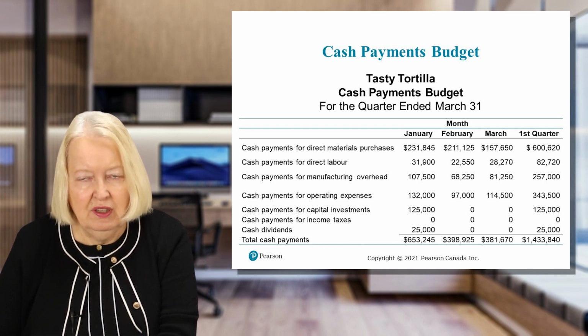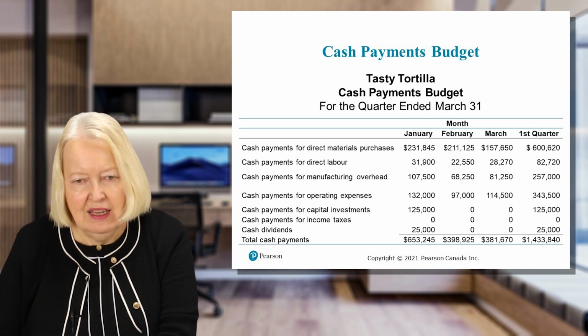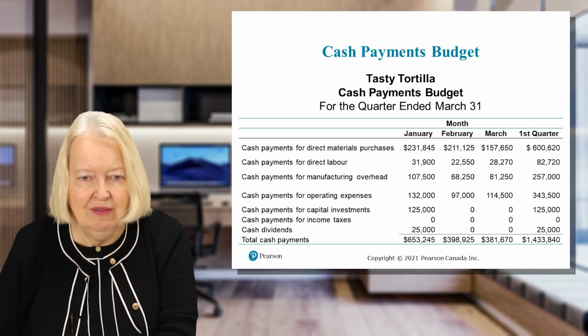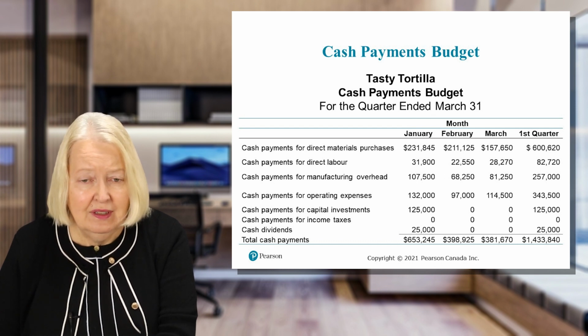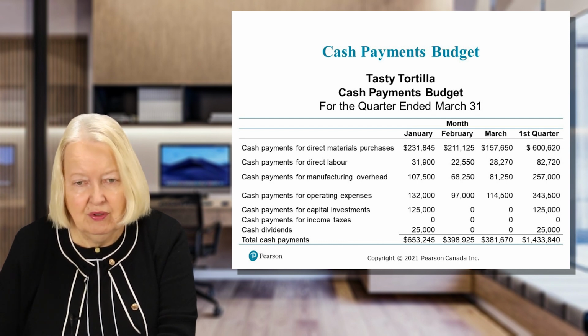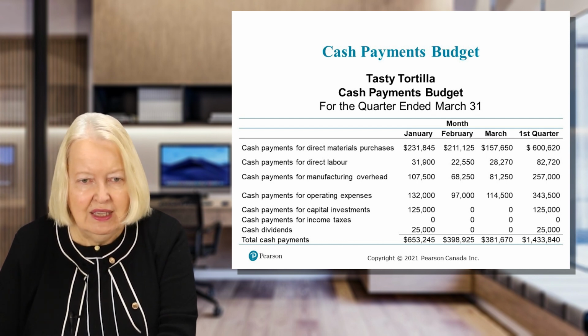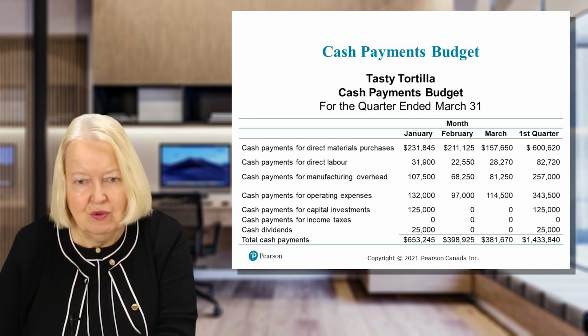So there's a couple of more categories that you could have. So you might be making some capital investments. For example, you might be paying cash for some new piece of equipment for your plant. So that would be 125,000. You would be given that information, of course, in a problem.